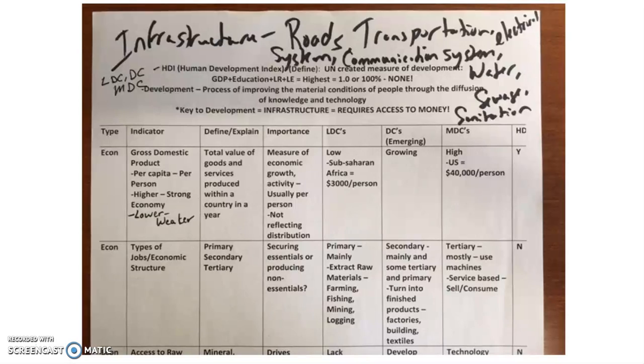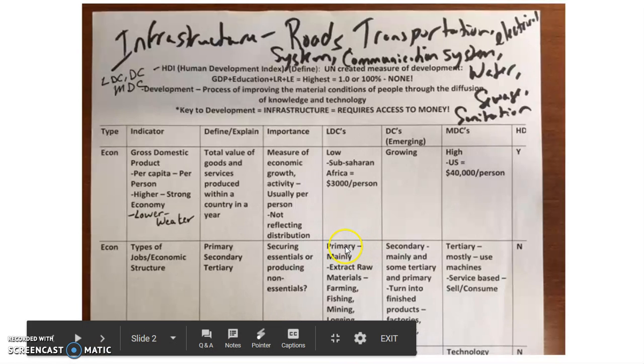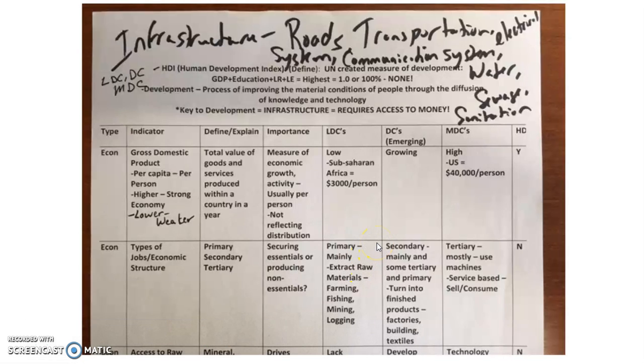In an LDC, most people will be working in the primary sector. In the primary sector, they extract raw materials from the earth. We're talking about farming, fishing, mining, and logging. These are all people that extract raw materials from the earth. In LDCs, most people are subsistence farmers, so obviously they're going to be in the primary sector.